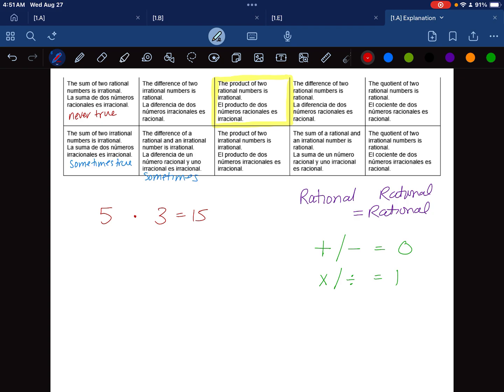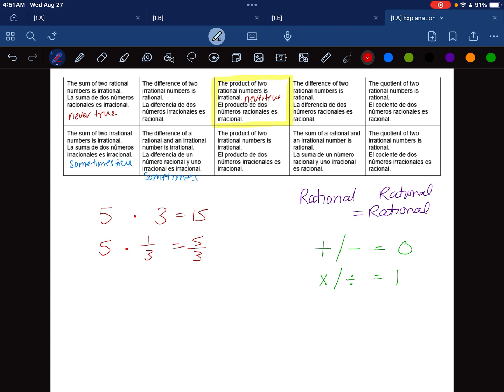If I multiply those together, I get 15. I can't see any other way to multiply two friendly numbers, even if it's 5 times 1/3. That's 5/3, which is rational. There's no way to multiply two friendly numbers and have it just kind of yeet off with that irrationality. There's no square root or anything on there. So that's why this is never true.